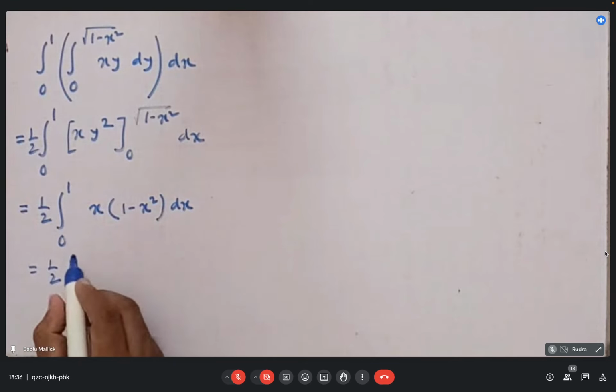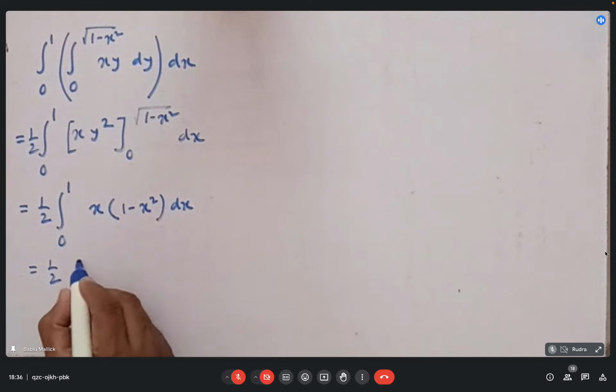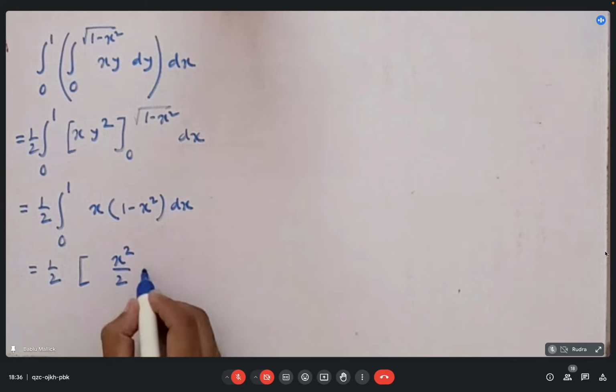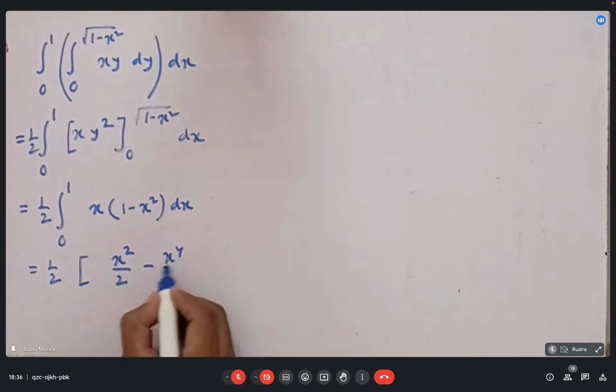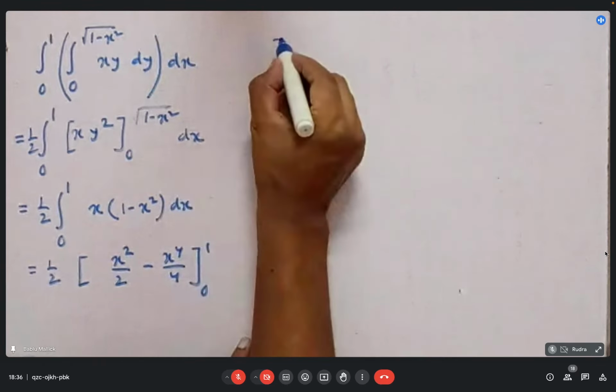So it is 1 by 2 into, this is actually x minus x cube. Its integration is x square by 2 minus x to the power 4 by 4, from 0 to 1. So put values.